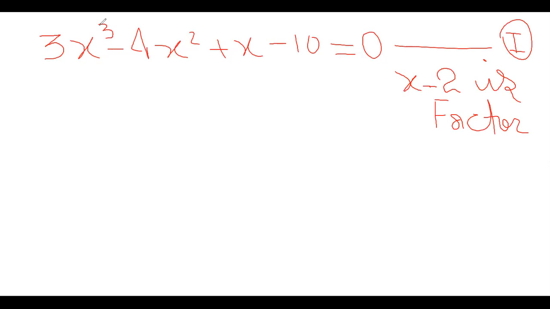Now, you will have to select the correct option out of 5. Which of the following is true if the binomial is a factor of this equation? The equation has 3 real solutions. The second one: the equation has 2 real solutions and 1 complex solution.